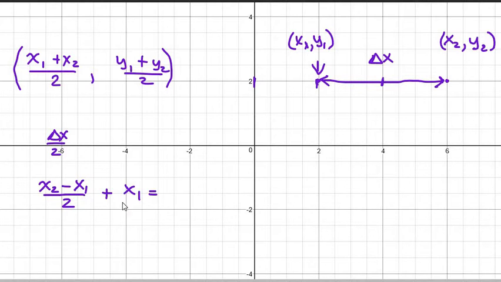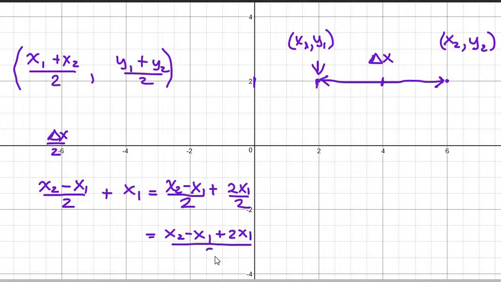Let's simplify this. We need to get a common denominator. So we have x2 minus x1, and I'm going to have to multiply 2 times x1 over 2. So we got a common denominator. I just put 2 over 2 here. Now let's simplify this fraction. So we have x2 minus x1 plus 2 times x1 over 2.